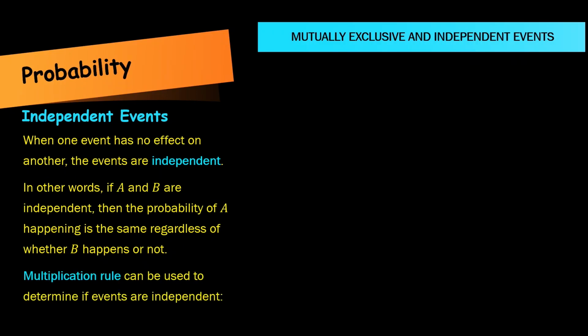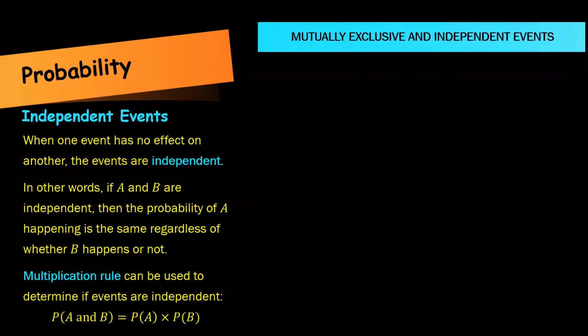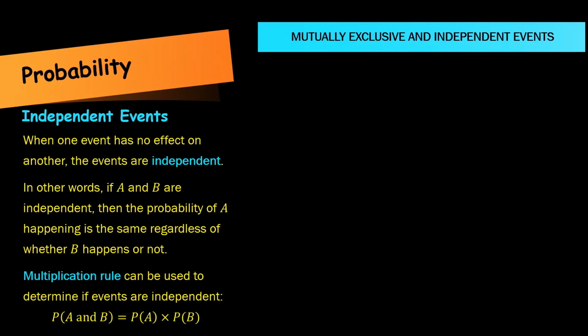The multiplication rule can be used to determine if events are independent. So probability of A and B equals probability of A times probability of B if A and B are independent.